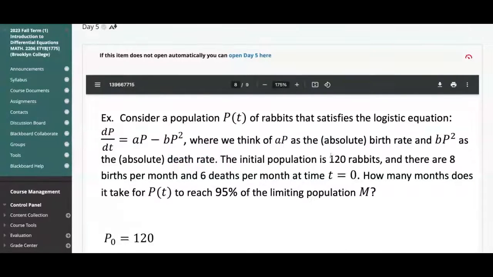The initial population is 120 rabbits, and there are 8 births per month and 6 deaths per month initially. How many months does it take for the population to reach 95% of the limiting population M, the carrying capacity?